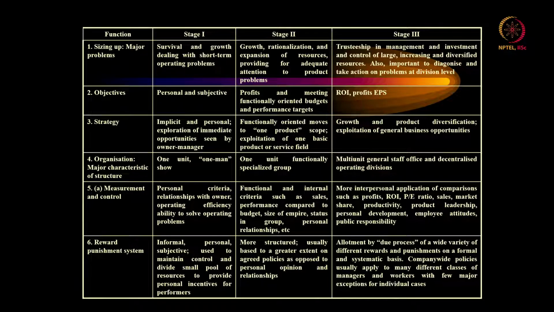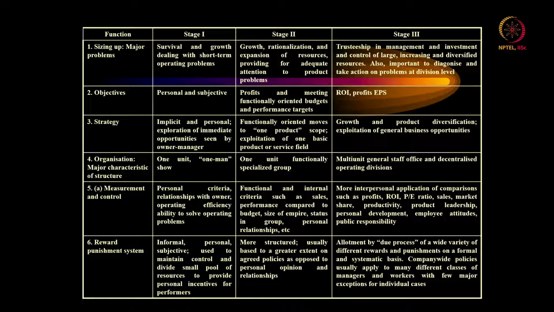Come to stage 2, profits and meeting functionally oriented budgets and performance targets. To that extent, you are not alone in stage 2, you are having a team, and this team is looking at the profits and you are looking at functional strategies, having oriented budgets.